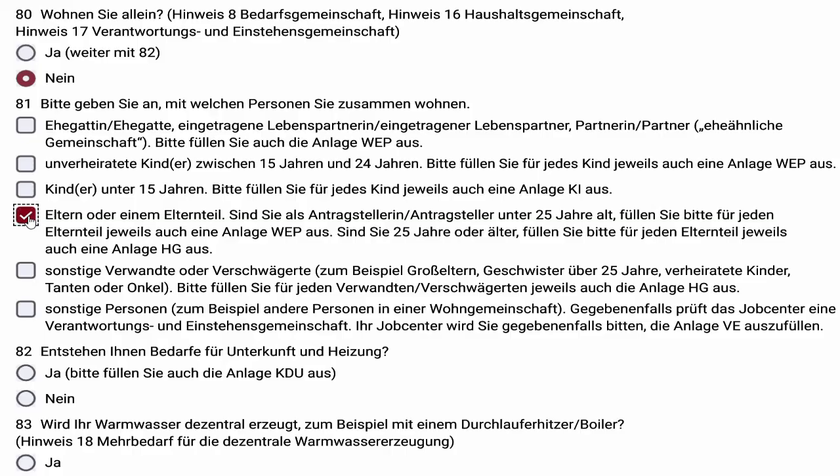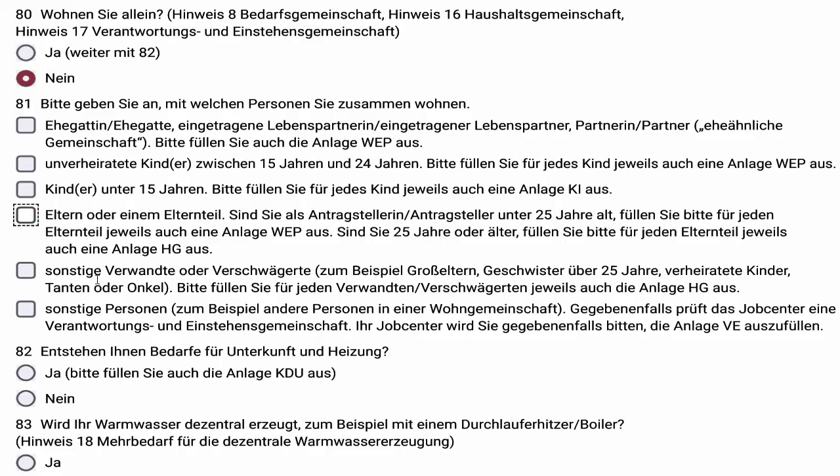If you're under 25 years old, for each of your parents, you fill in the attachment VAP. If you're 25 years old or older than that, you fill the attachment HAGE for each of your parents and send it together with this application form to the job center.